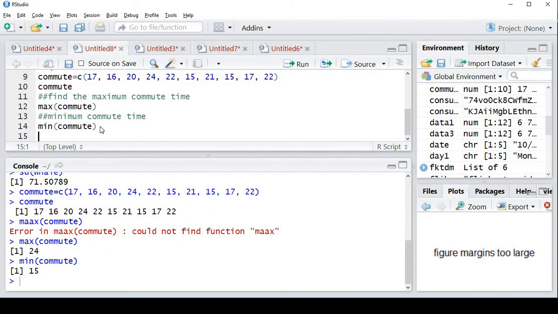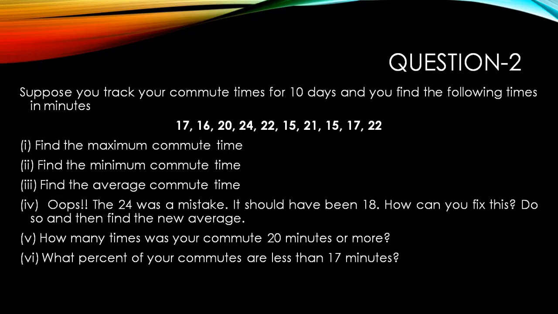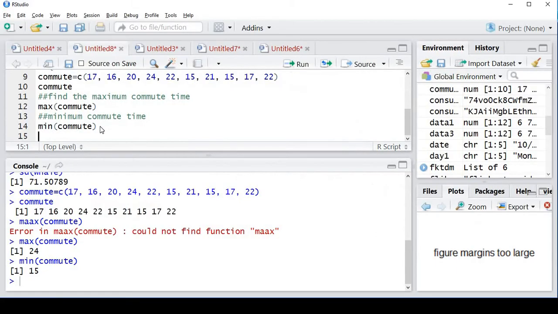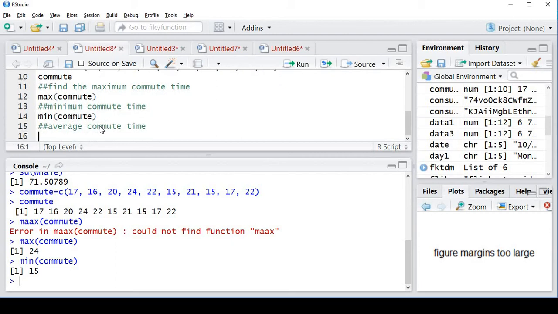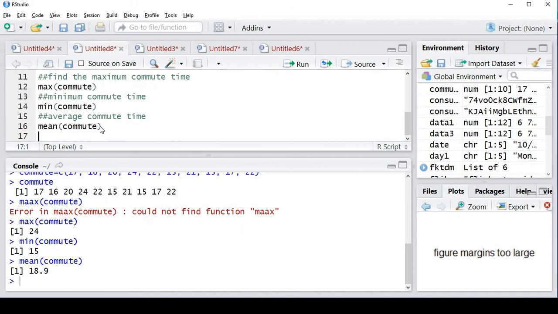The minimum commute time is 15 minutes. Third part, find the average commute time. Okay, how do I find it? Average commute time, that is mean brackets commute. Run it. That is 18.9 minutes.